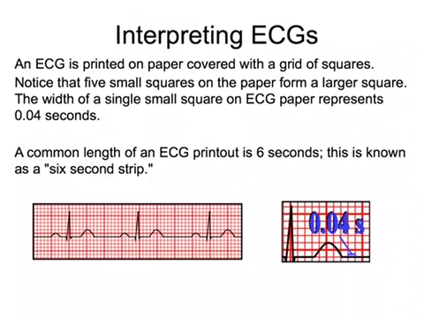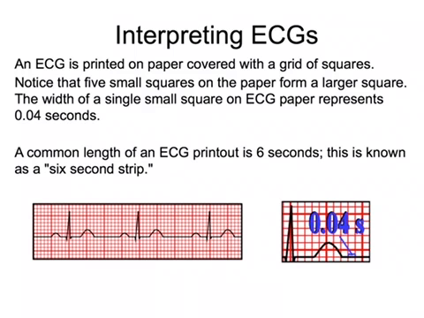So how do we interpret the ECG? Well, first, an ECG is printed on paper, and it's covered with a bunch of grids of squares. You can notice that there are 5 small squares on the paper, and that forms a larger square. The width of a single small square on the ECG paper is 0.04 seconds.